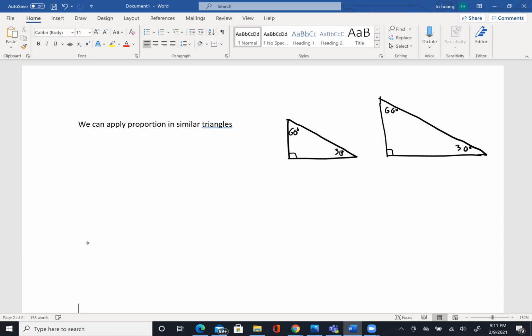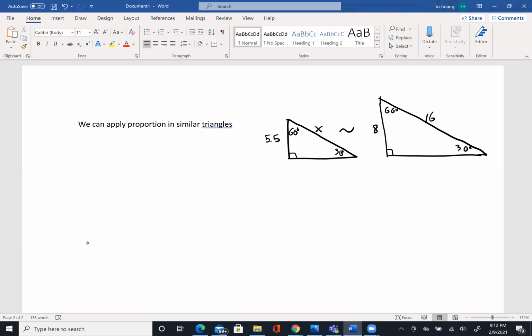Okay, so these are similar triangles, and I'm looking for, I know that this solid leg is 5.5, this one is 8, this hypotenuse is 16, but this one I don't know. I'm looking for it. X.